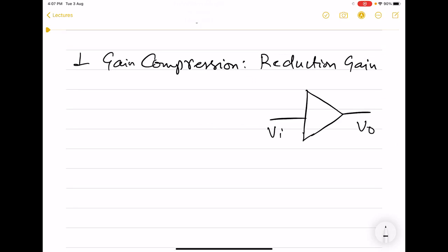Now, since this is non-linear and we are considering non-linearity only up to third order, this output we know will be given by this expression.